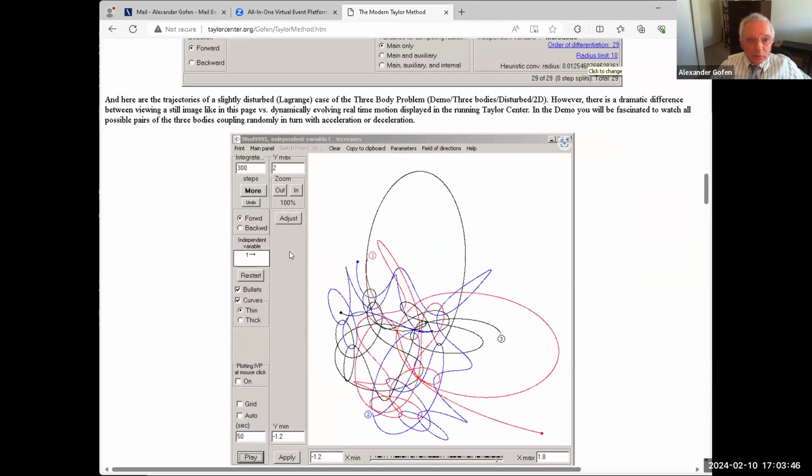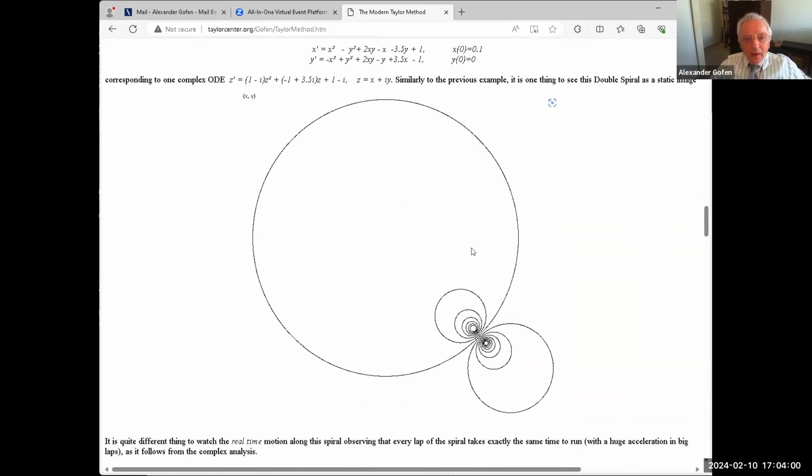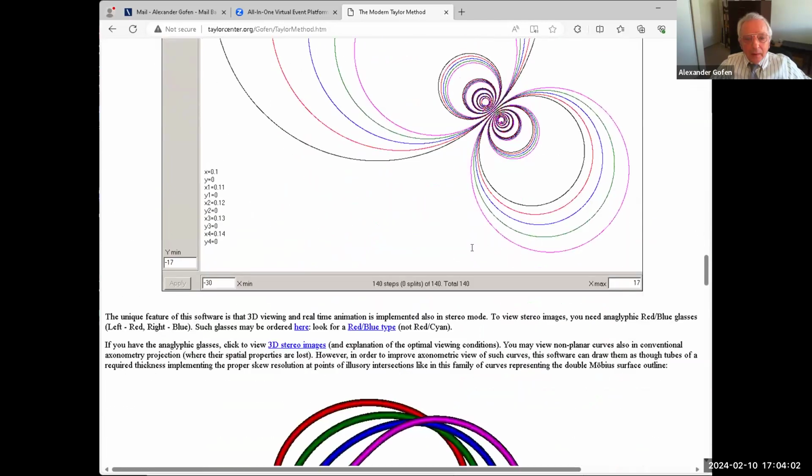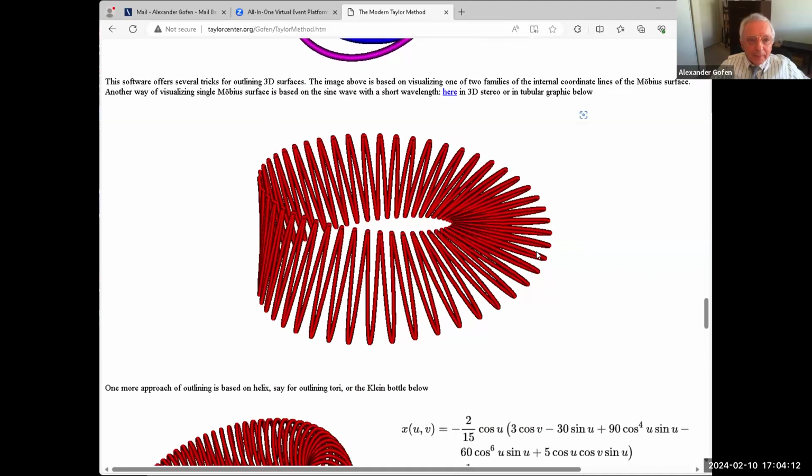This is one of the typical images of the solution of differential equations. This is the trajectory of the three-body problem with some chaotic setting. This software is also capable of tubular graphics like this.